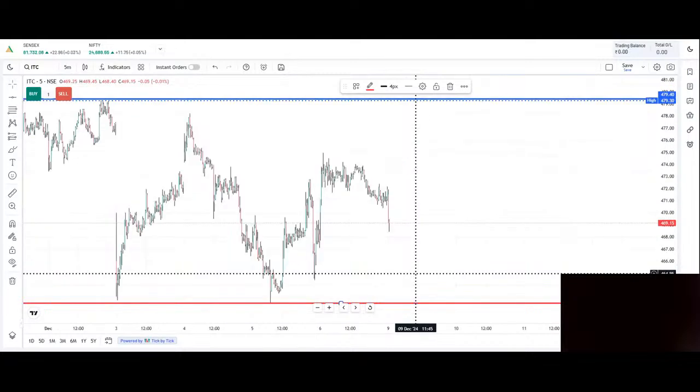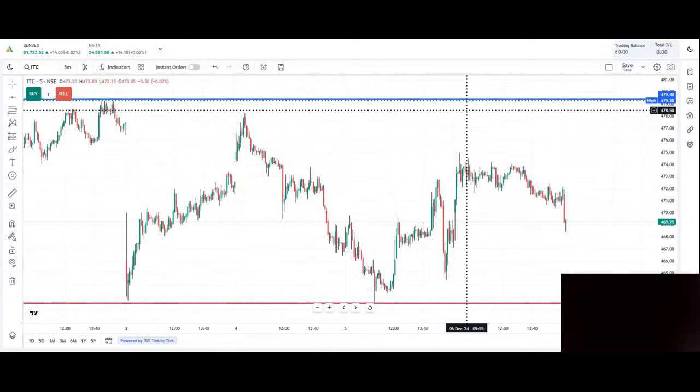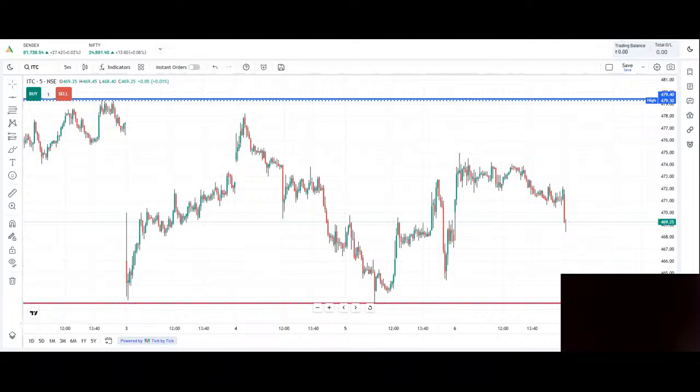So now we'll just be sharing the screens of only these two stocks, ITC and HDFC. If somebody wants my opinion, Tata Motors is a good buy. Let me pull up the chart of Tata Motors if possible.